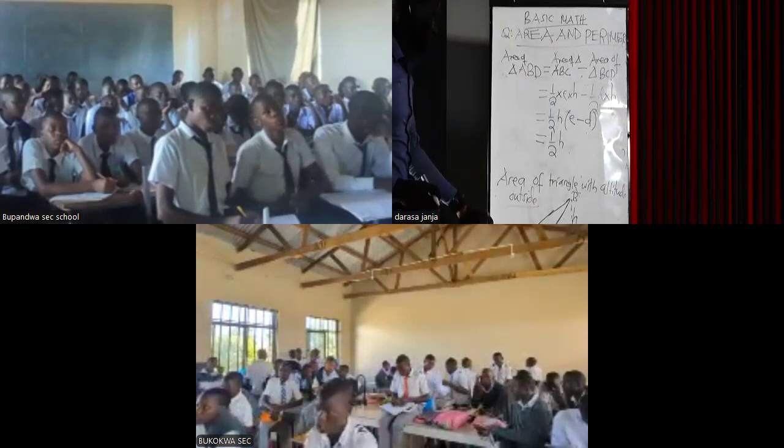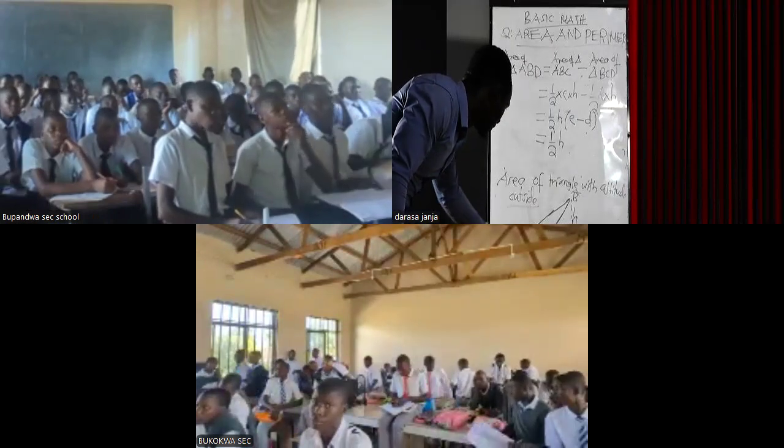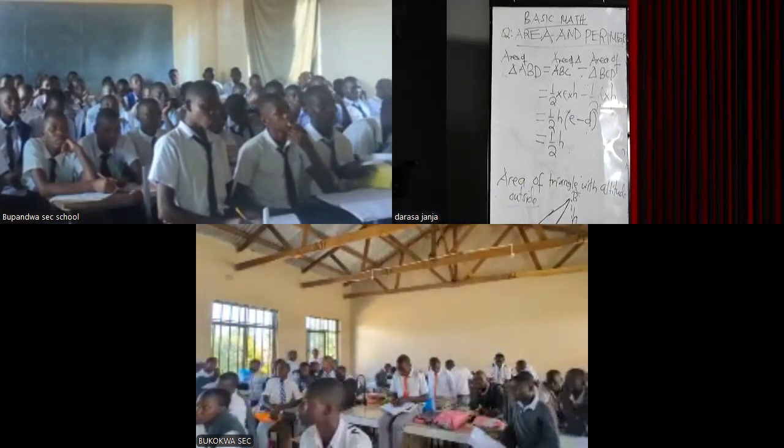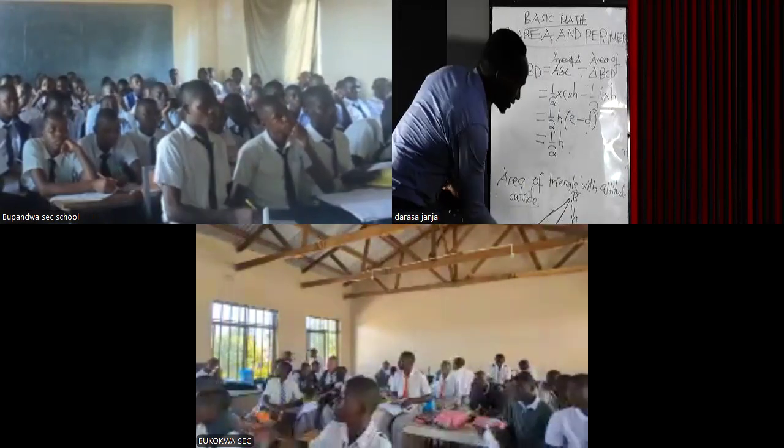But remember here, to get the length of this B, because this is the base of this small triangle which we need to find, we need to take this E and subtract this D. Why?